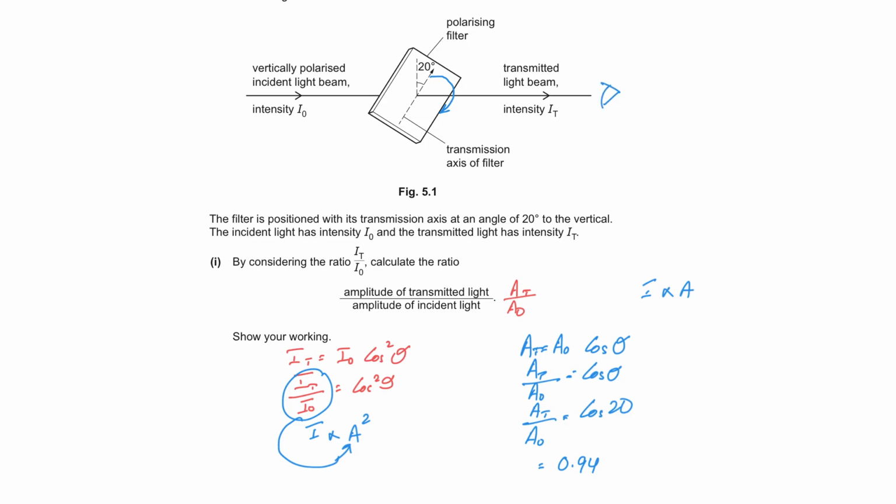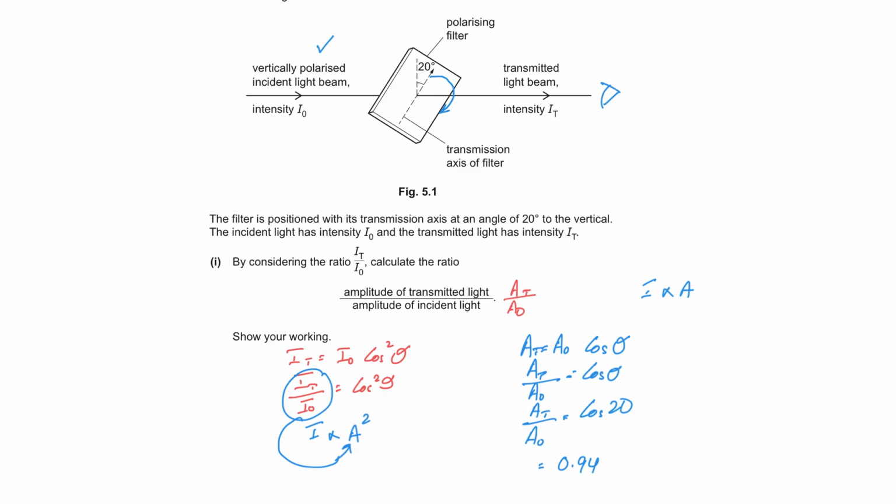Now, how much do I need to rotate it so that I end up with the same value as right now? For that, it's important that the transmission axis is once again at 20 degrees.